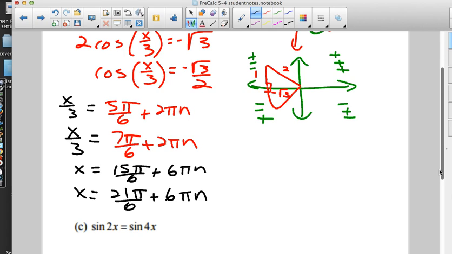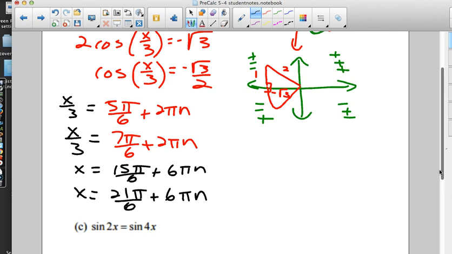Wait a minute, 15 pi over 6? Isn't that more than once around? Were we supposed to just give answers for once around? How about 21 pi over 6? Is that more than once around? Doesn't mean there aren't any solutions. What it means is there's no solutions on the interval they asked us to do. That 3 stretched this out huge. We can't give them solutions from 0 to 2 pi.